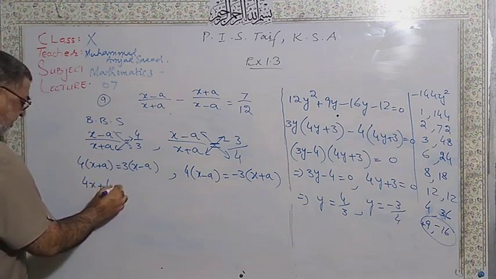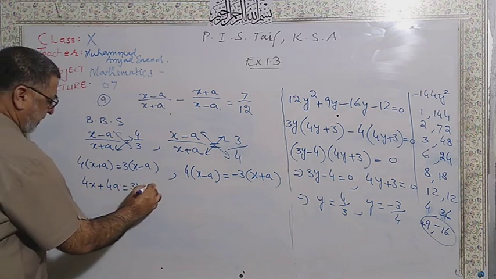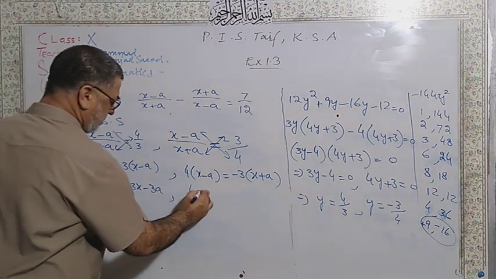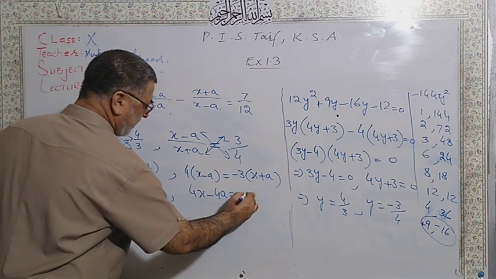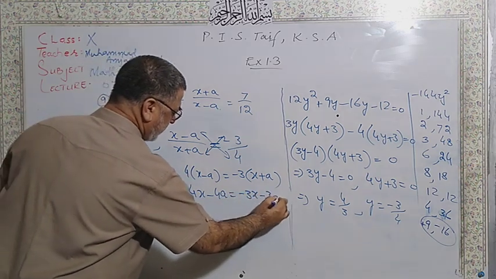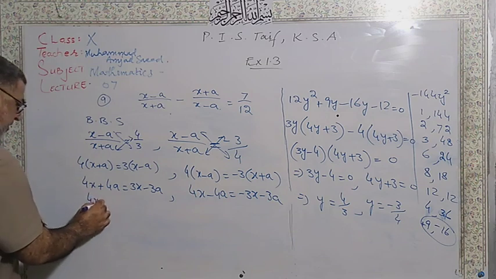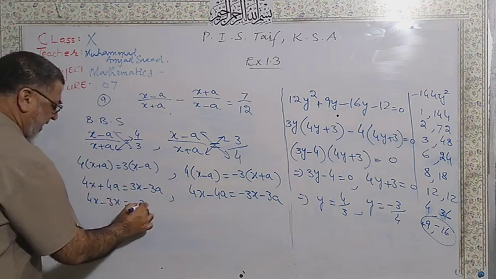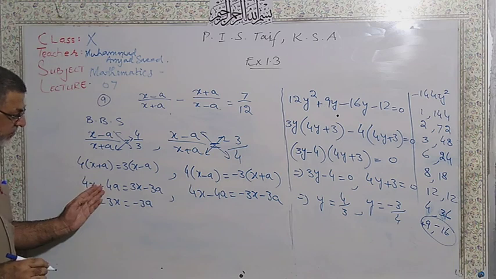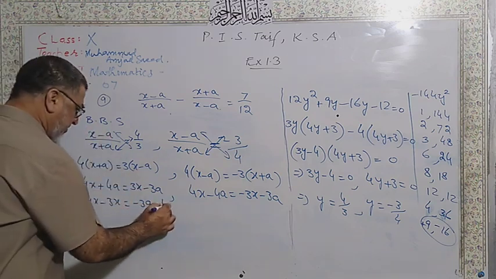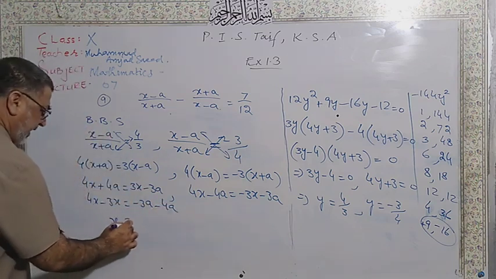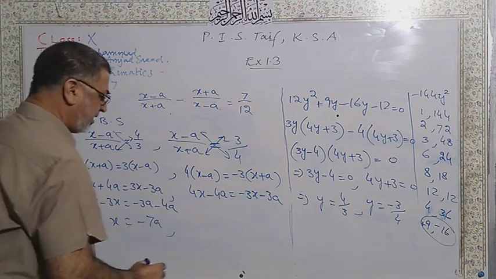4x plus 4a is equal to 3x minus 3a. 4x minus 4a is equal to minus 3x minus 3a. Bring this 3x to the left hand side. Here you will have minus 3, bring positive 4a to the other side, this will be minus 4a. So x is equal to minus 7a.